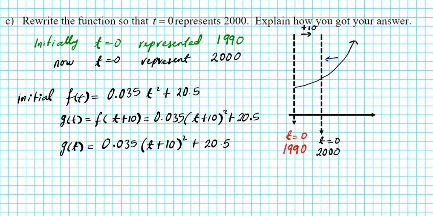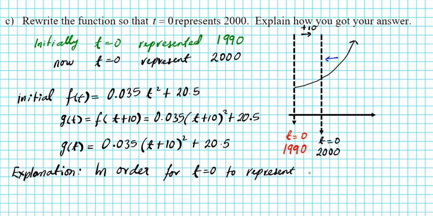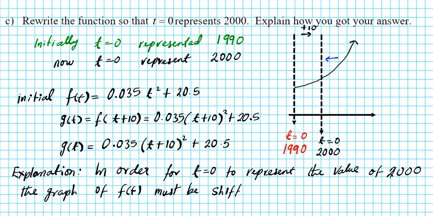Now let's explain our answer. Explanation: in order for t equals 0 to represent the new value of 2000, the graph of f of t, since that's what we can move, must be shifted 10 units to where? 10 units to the left.